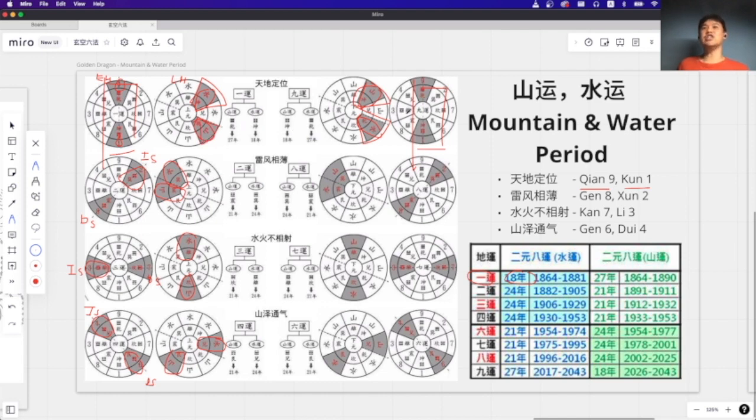The only thing that changed is that during period 1, Kun is water, indirect spirit, and Qian is mountain, direct spirit. Period 9, Kun is direct spirit, mountain, and Qian is indirect spirit, water. So it applies to all. Everything is actually a mirror. Just flip it over. Whatever you have here is identical, it's just that the mountain switches to water, water switches to mountain, and the direct spirit switches to indirect spirit and vice versa.